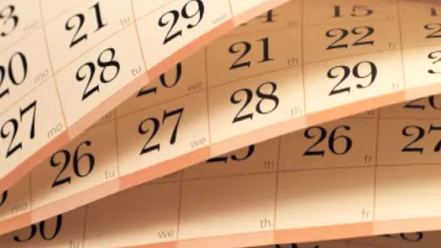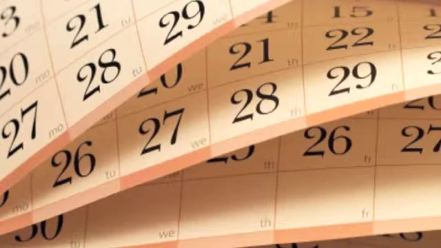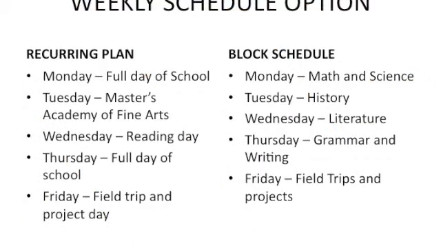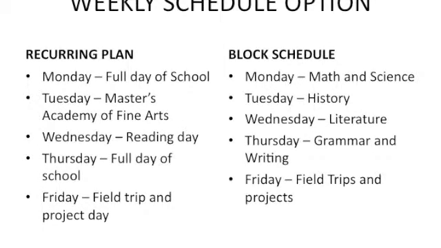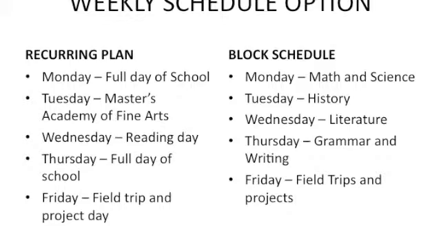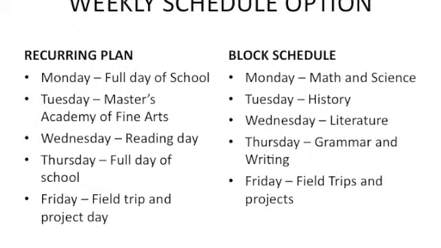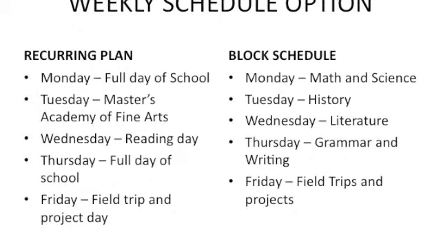This includes keeping your structure very flexible. You could do a standard recurring weekly plan like the one I kept for years. On Mondays, we did a full day of school. Tuesdays, we spent the whole day at Masters Academy of Fine Arts. On Wednesdays, we just read. Thursdays was a full day of school, and on Friday, we either did a full day of school or a project and field trip. Or you could do things in blocks of time.